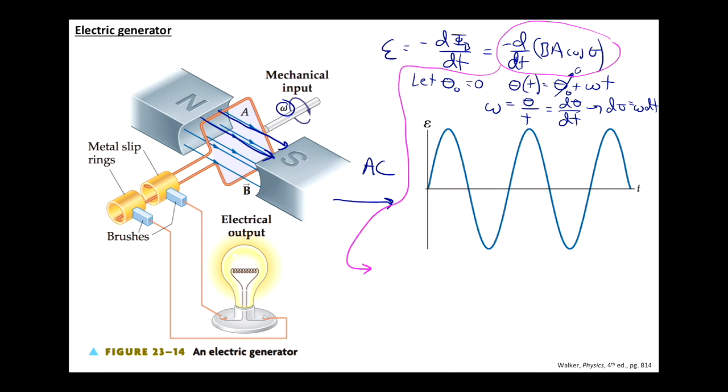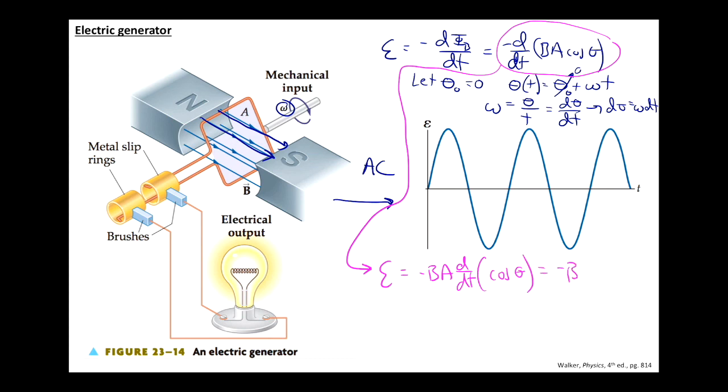The area, it's just a square loop. That's not changing. The magnetic field is coming externally, so that's not changing. So now we have negative BA d dt cosine theta. And we're going to let theta be omega t.